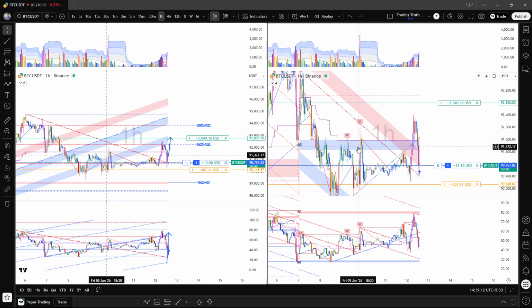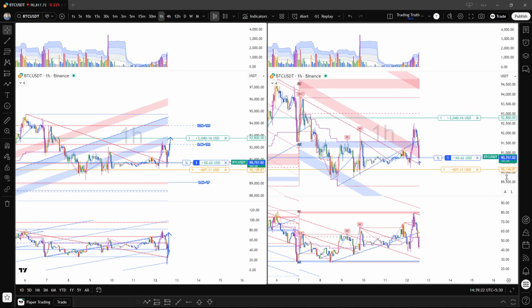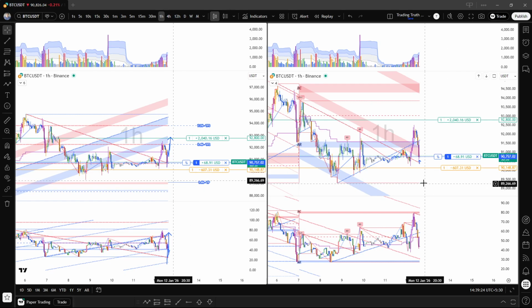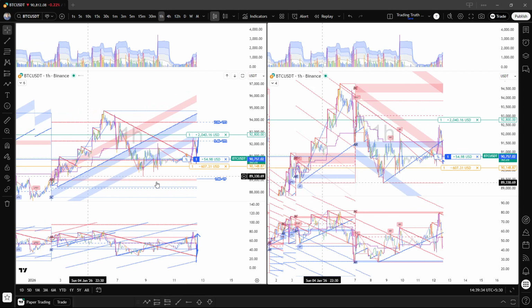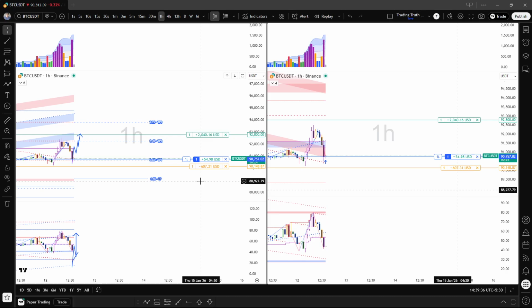Another scenario is that this is coming down, you see, right? So it might just continue to the downside and find support at the bottom. It might find support here. That's where a backing up action might happen.